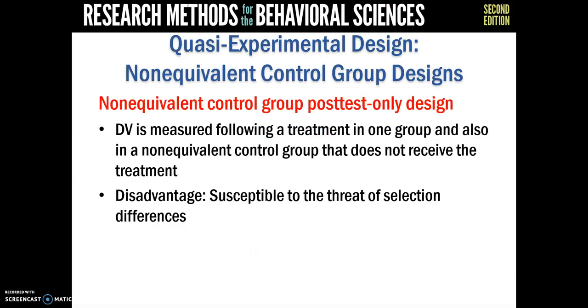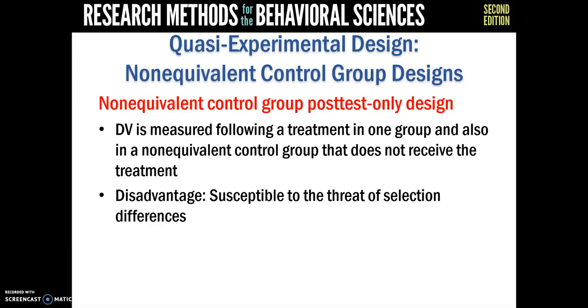You could have a non-equivalent control group post-test only design, just like the first one but with a control group to compare with. Now you can compare the test group versus the control group to see whether your lecture works or not.